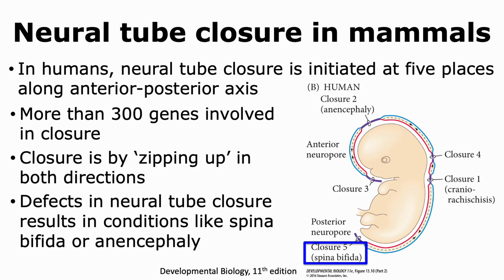On the other hand, if there is a defect in closure 2, we can have anencephaly. If there is a problem at closure 5, that is when we have spina bifida. And that way, any defects in neural tube closure are associated with disease conditions.